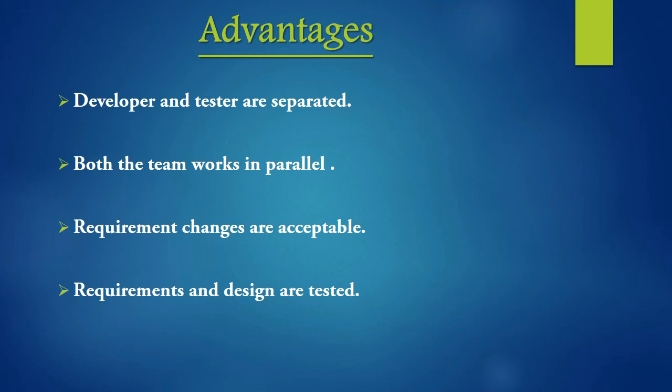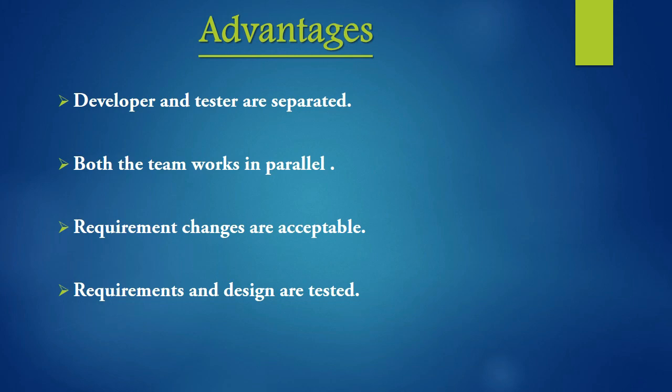So what are the advantages of the V model? Developers and testers are separated. In the V model, developers are working on one side and testers are working on another side. Both teams work in parallel. Requirement changes are acceptable. Here we can change the requirements at any point of time.